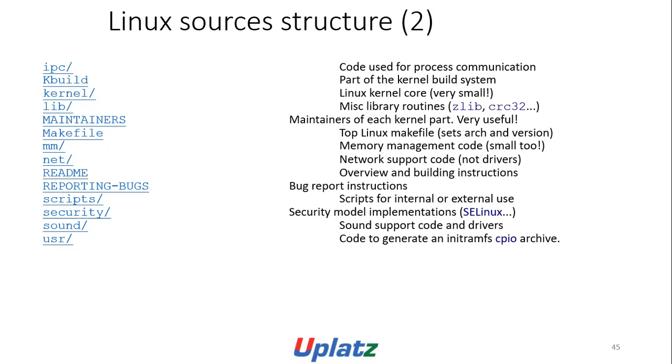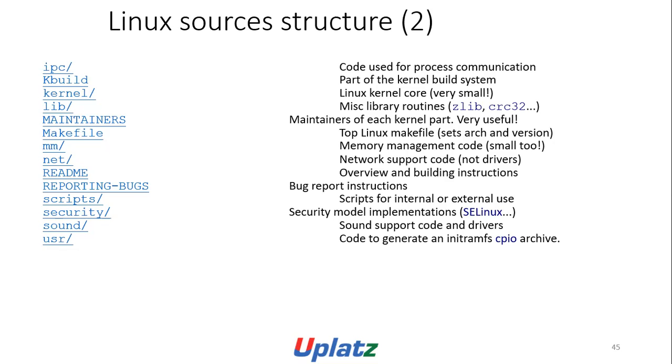Memory management code is small too. Network support code, not drivers. Readme: overview and building instructions, reporting bugs, bug report instructions. Scripts for internal or external use. Security model implementation, SELinux. Sound support code and drivers. User code to generate an initramfs.